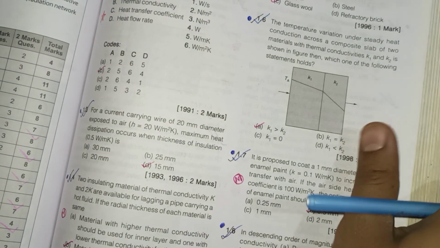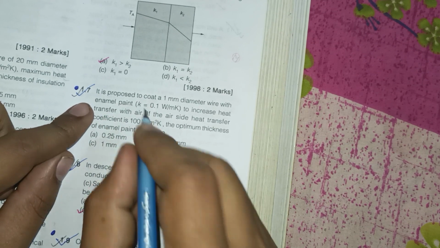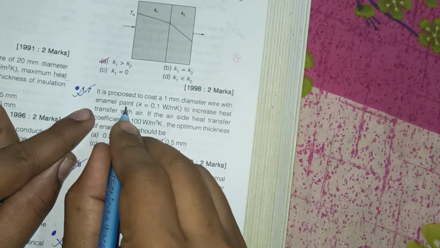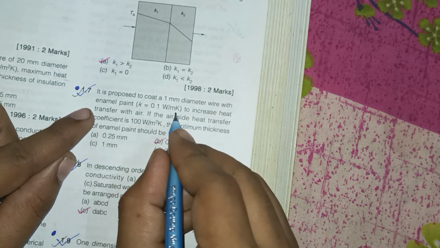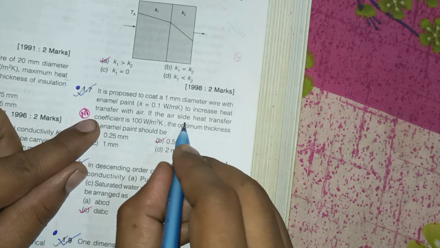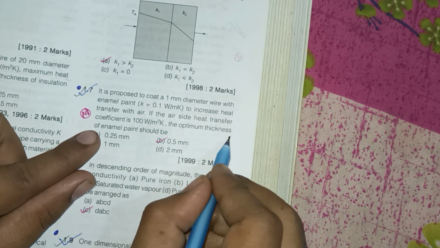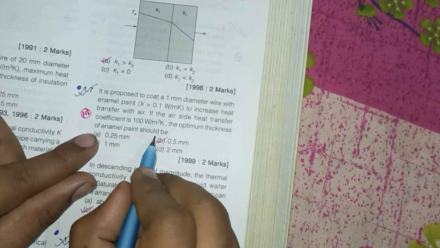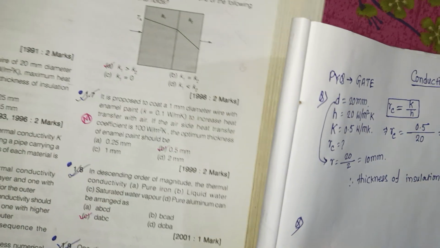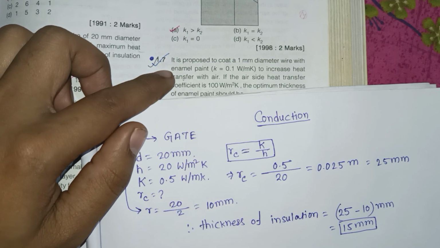Next, there is another important question, number 7. It is proposed to coat a 1 millimeter diameter wire with enamel paint, K equal to 0.1 watt per meter Kelvin, to increase heat transfer with air. If the air side heat transfer coefficient is 100 watt per meter square Kelvin, the optimum thickness of enamel paint should be. So what is given?